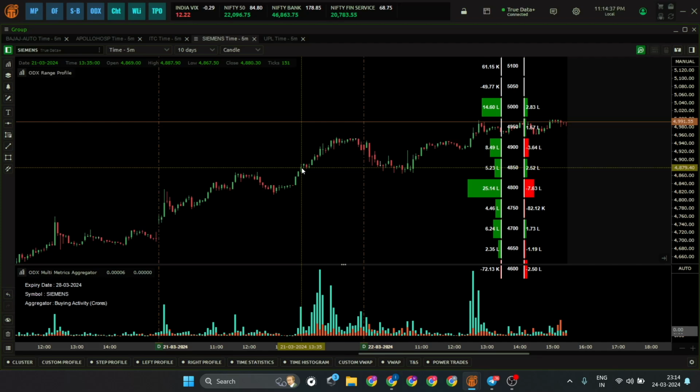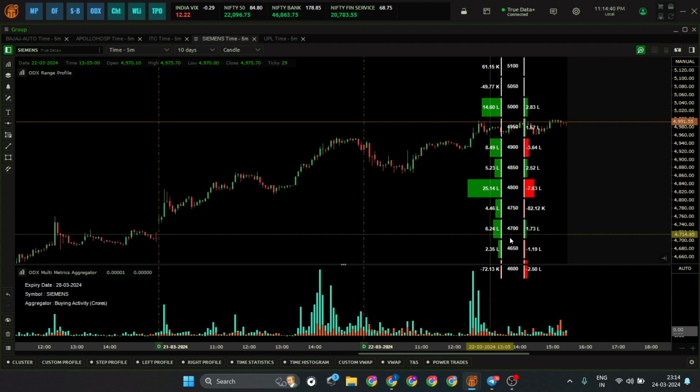And if you check this data, we are seeing a decent number of contracts in the out of the money, and calls are buying. Which means mostly this script is going to touch the 5000 mark. It's not a guarantee that it will touch, but most often we see this.